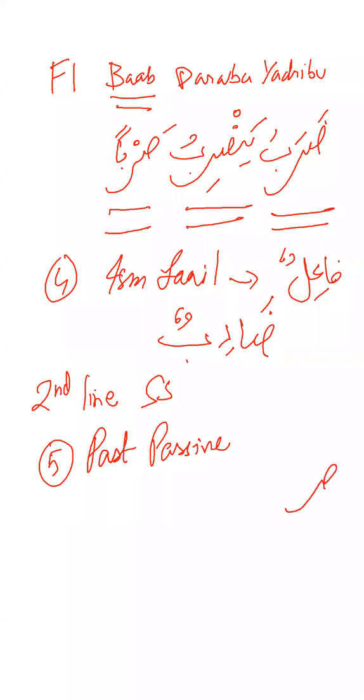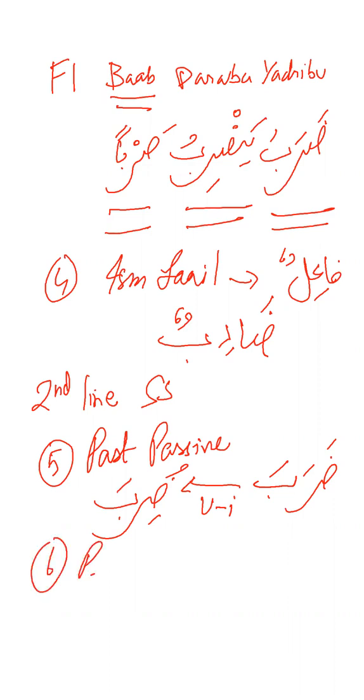So from daraba, you have the passive pattern, duriba. Then you have present passive, from yadribu to yudrabu, exactly.